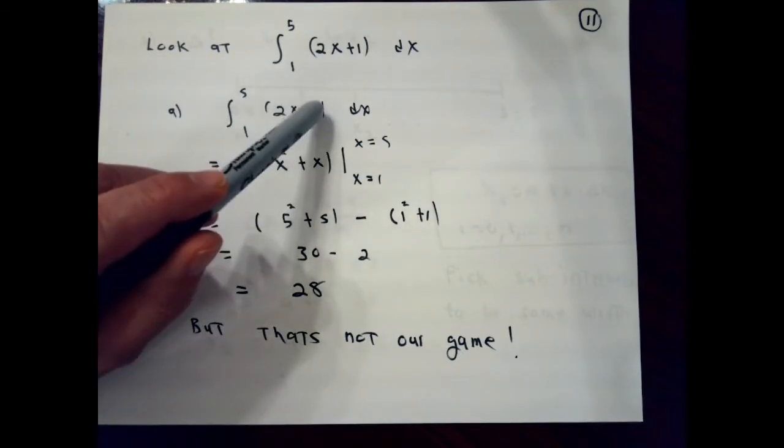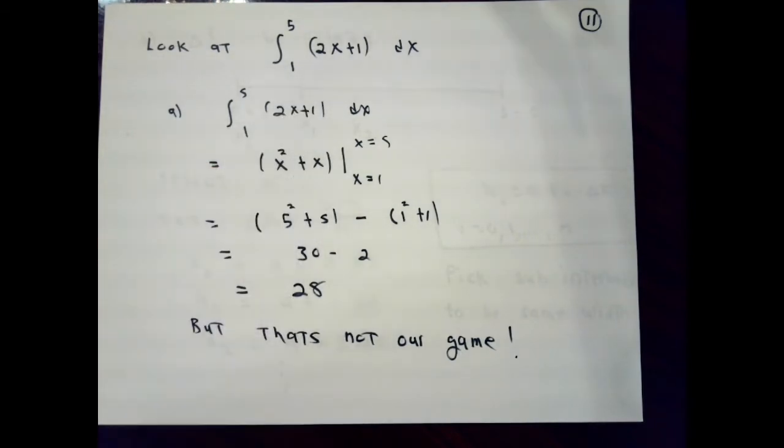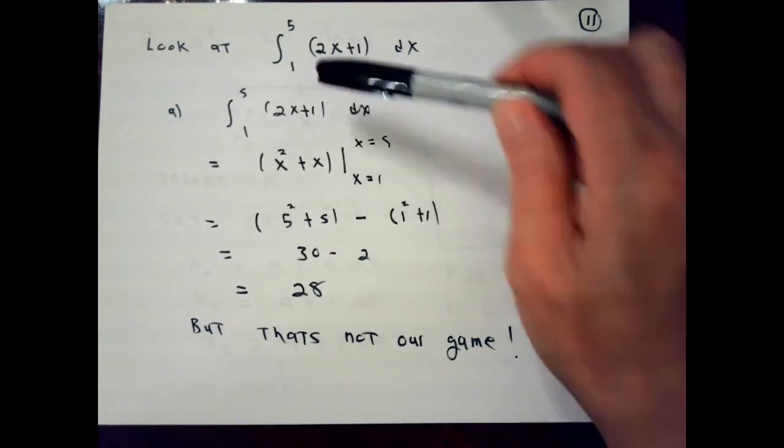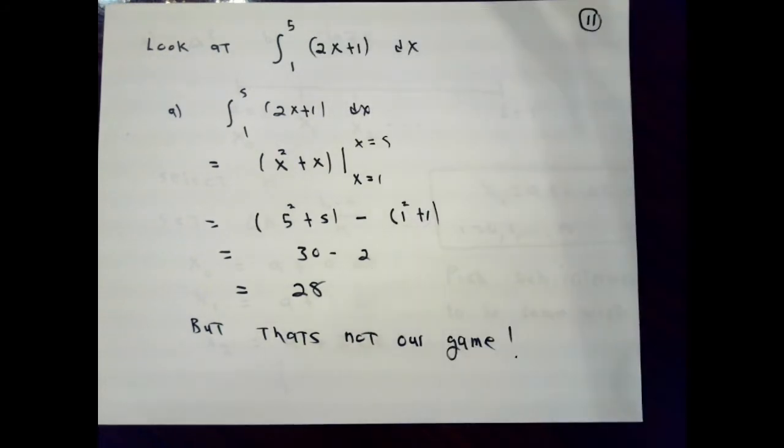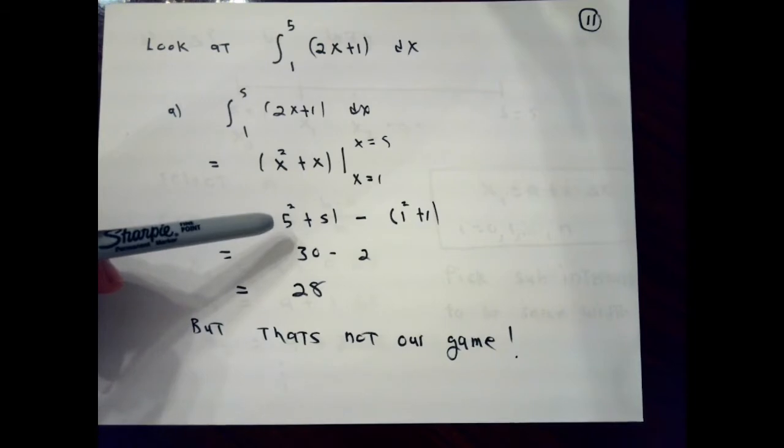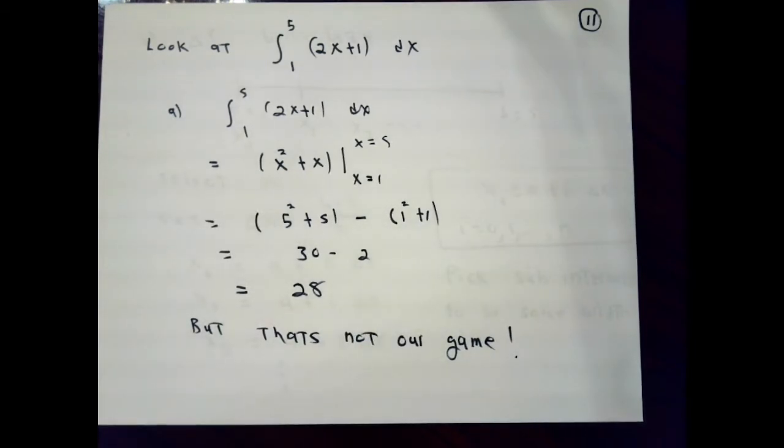Plus, an antiderivative for 1 is x, and then using the methods that you did in Calc 1, we will evaluate that at the limits of integration and subtract: 5 squared plus 5 minus 1 squared plus 1. In the end, you get 28 for an answer. If all I was interested in was calculating the integral, this is perfectly good, but this is not going to be what we're up to in this chapter.